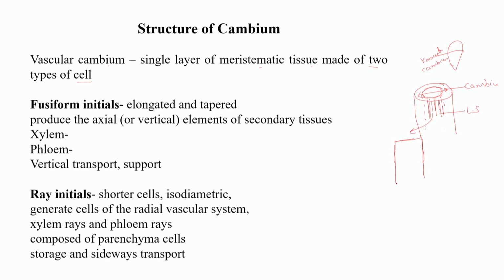What you will observe is that two types of cells are present in the vascular cambium. One type of cell is elongated and has tapering ends. These types of cells are known as fusiform initials.